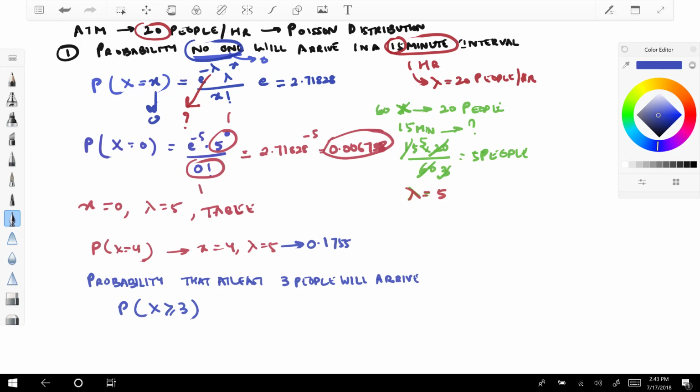As you know, in a Poisson distribution we don't have an upper limit. It keeps on increasing, however the probability will decrease.